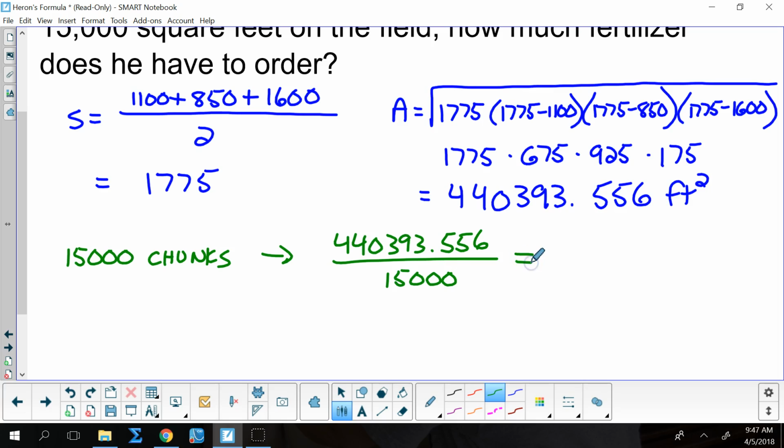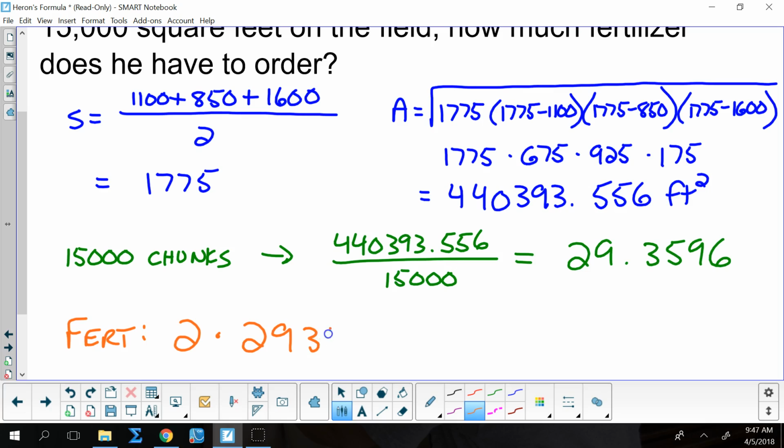And that's going to be 29.3596. So there's 29.36 chunks, and each chunk is going to get 2 tons, right? Oops, I wrote that wrong. I forgot the decimal point. There we go.